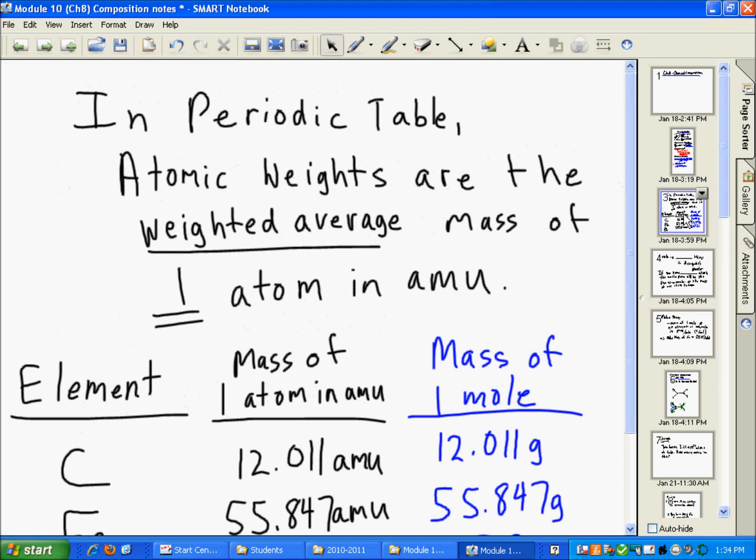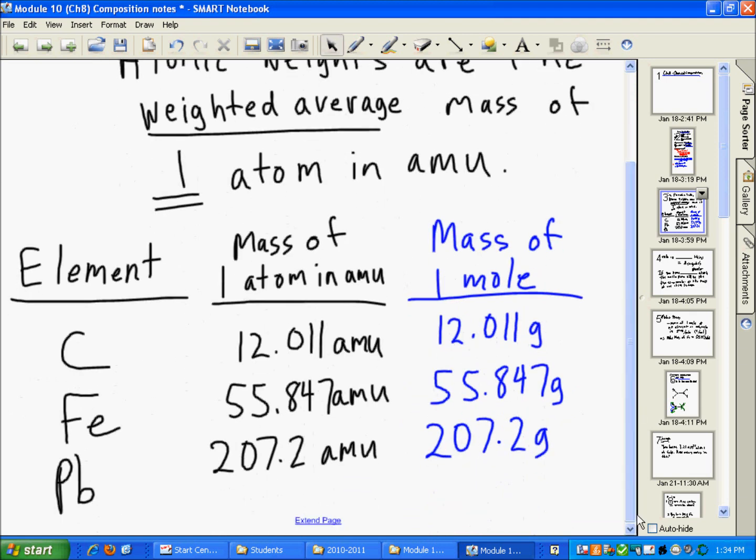So the point of all that was that the atomic weights in the periodic table are the weighted average, and they are the mass of one atom in AMU. So ignore the third column for a moment. Let's look at just the first two. So if you have the element carbon, as we've done, we've actually calculated it, the mass of one atom in atomic mass units, and an atomic mass unit is the weight of one proton or one neutron.